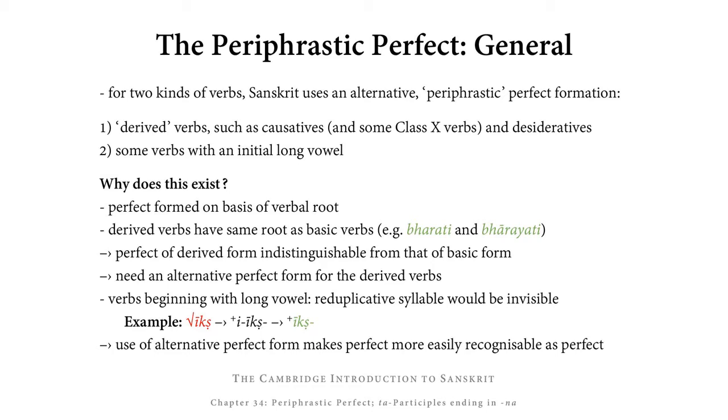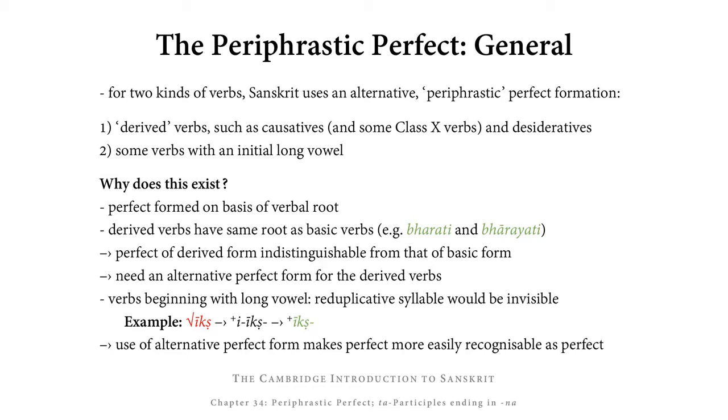Then, in verbs that begin with a long vowel, we would have a reduplicative syllable that would be invisible. So, for example, of iksh, to see, we would have the reduplicative syllable i. Verbal roots that begin with a vowel reduplicate just that vowel.